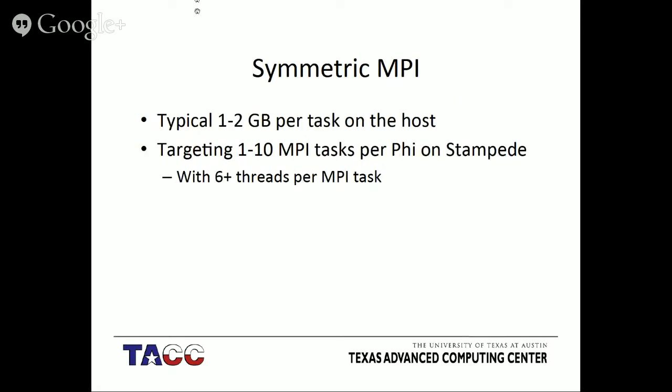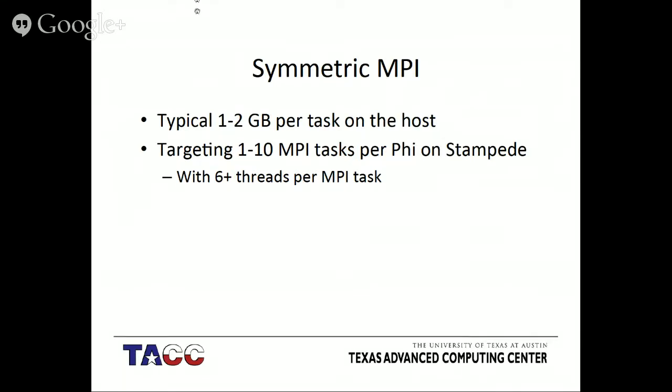Yeah, so on the host, you typically use 1 to 2 gigabytes per task. You have 16 cores, 32 gigabytes of memory. If you apply the same rule to the Xeon Phi, which has 8 gigabytes of memory, then a rule of thumb is that you have 1 or up to 10 MPI tasks per Phi on Stampede.